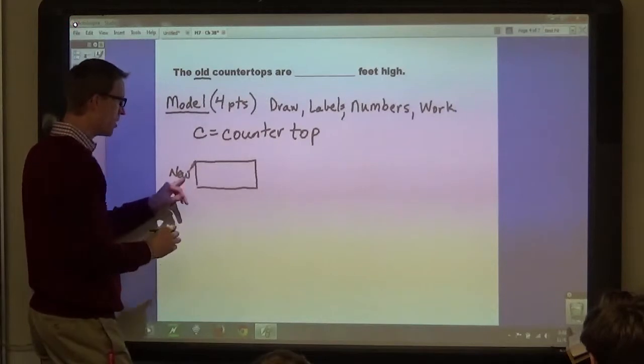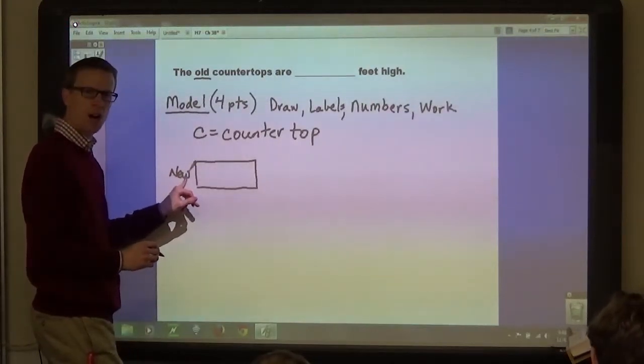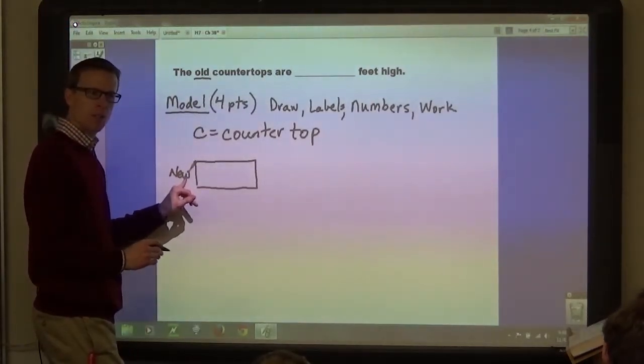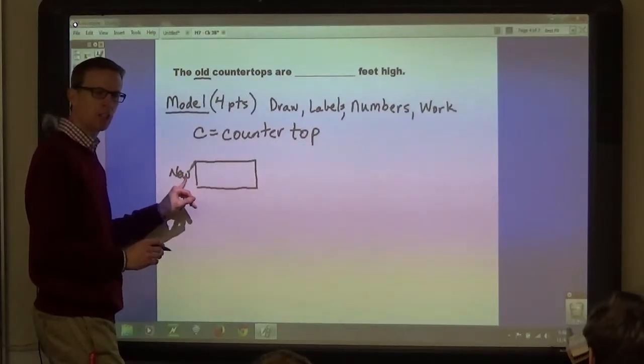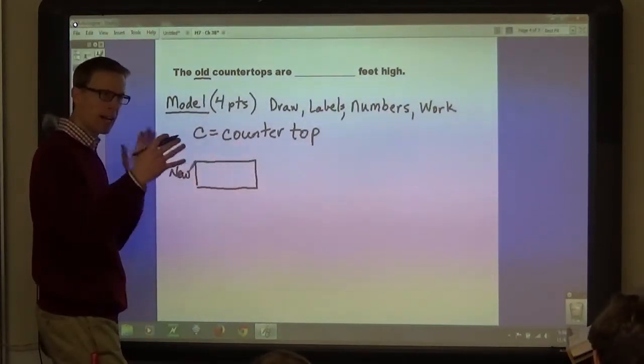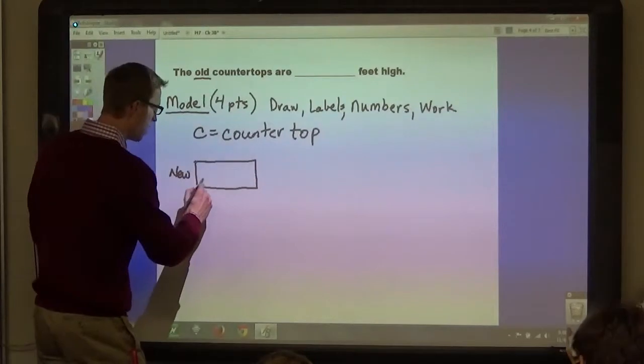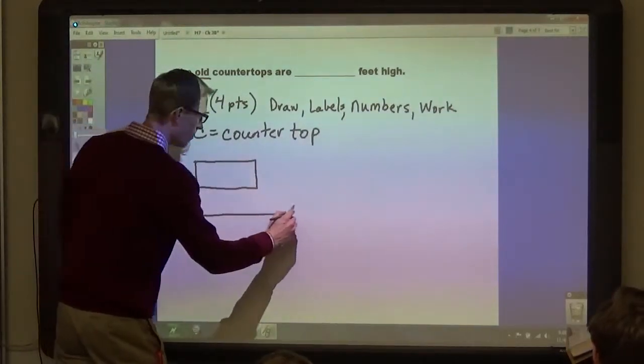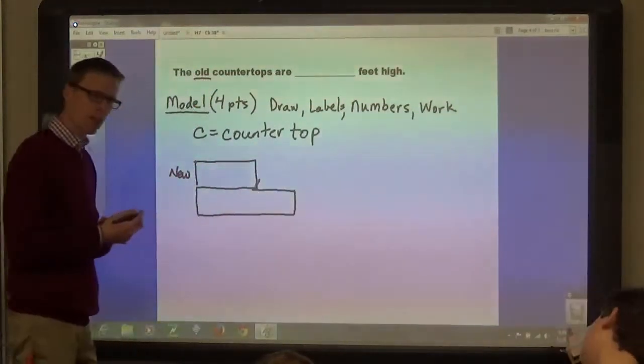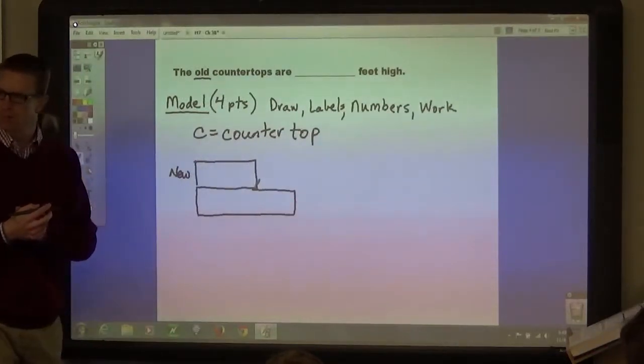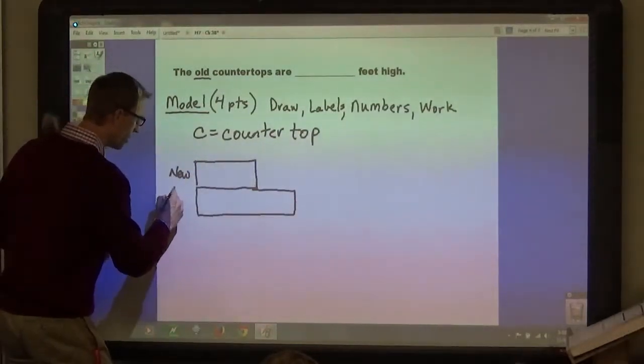Okay, the new ones are 0.75 feet lower or less than the old ones. So the old ones are bigger, right? Yeah. The old ones are bigger.